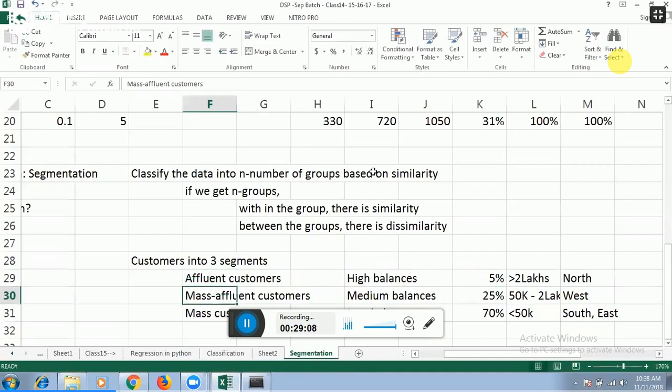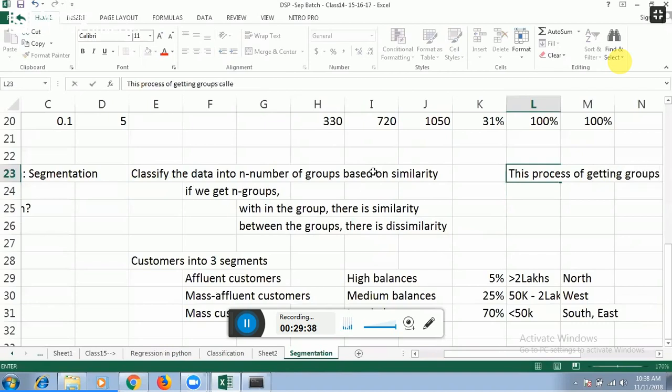That is also a similarity. So whenever I'm classifying the data into n number of groups, the groups should have a similarity within, and between the groups we should have a dissimilarity. If I'm able to come up with that kind of groups, then we call it segmentation. This process of getting groups is called segmentation.